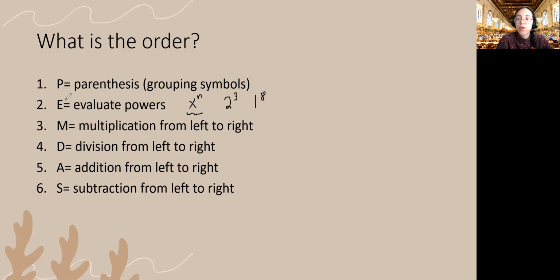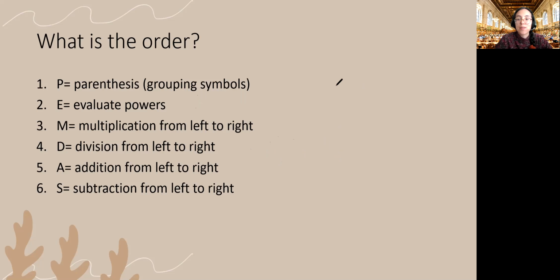So our order will usually go, if we have something in the parentheses, we're going to do this first. If we have an exponent, we're going to do this second. If we have something multiplied on the outside, we're going to do this third. And if we have some type of subtraction on the outside of all of this, we're going to do this last. Okay, so it's better to understand this by doing it, of course, practicing it.